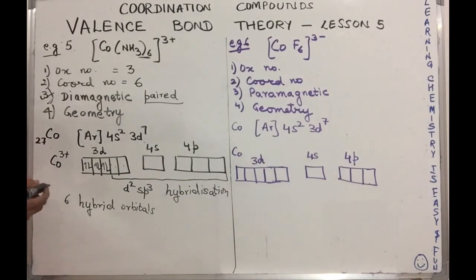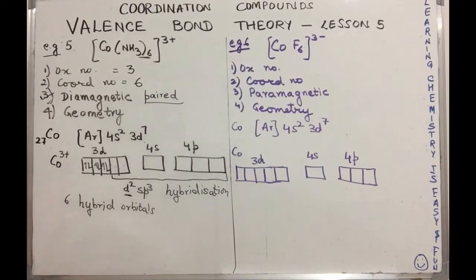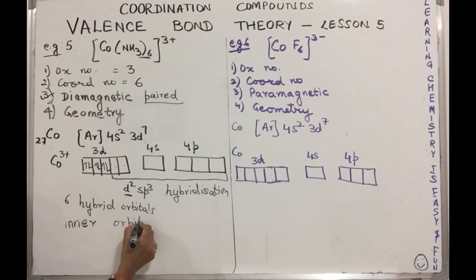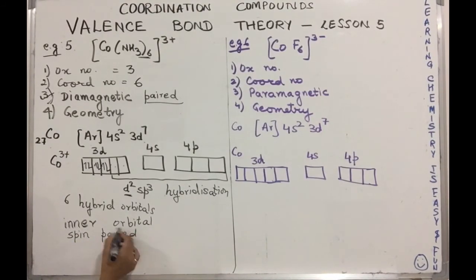Now if you notice over here, we are involving the d orbital of the inner shell. Hence, what is the name? Yes. What type of complex is it? It's an inner orbital complex. Spin free or spin paired? Very good. It is spin paired. Right?